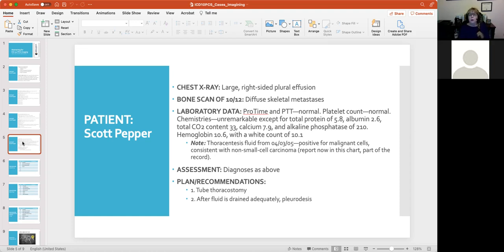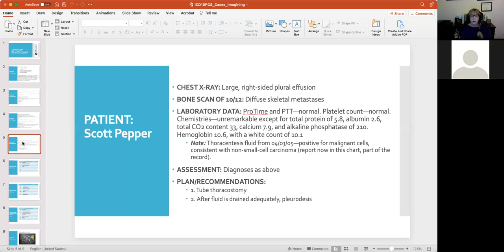He also had a bone scan, because remember, he had bone metastasis. And diffuse skeletal metastasis. Not good. Okay. But we have to now report and make sure we get our facility reimbursed for performing the bone scan. So we have a chest x-ray and a bone scan.